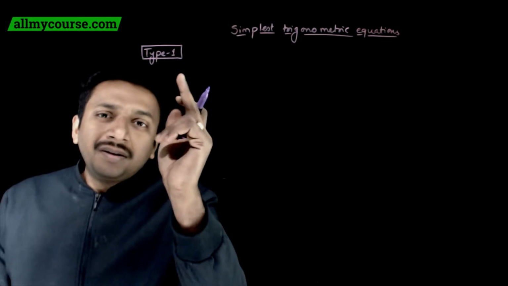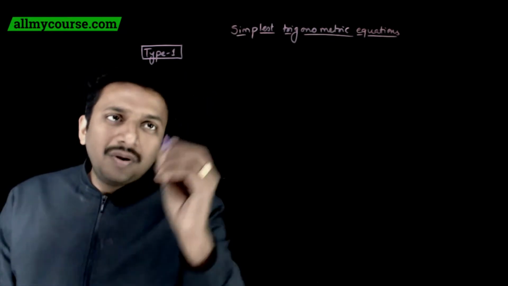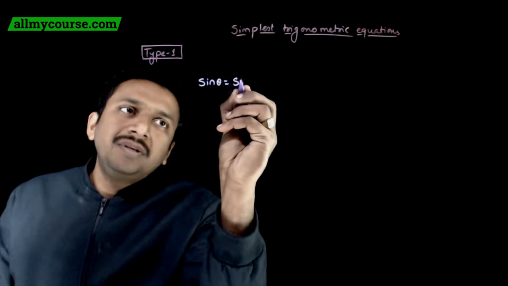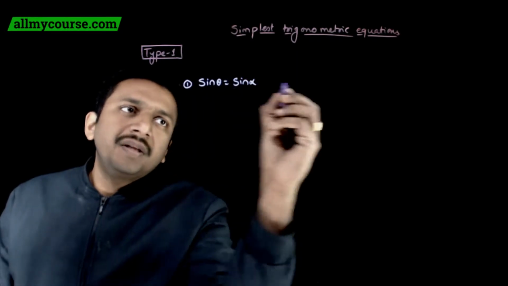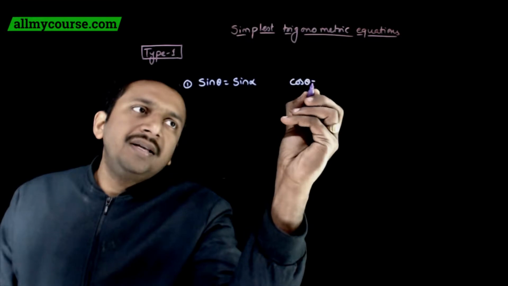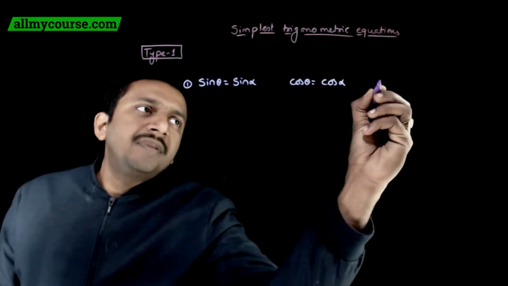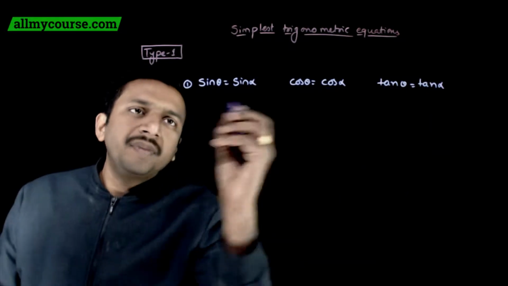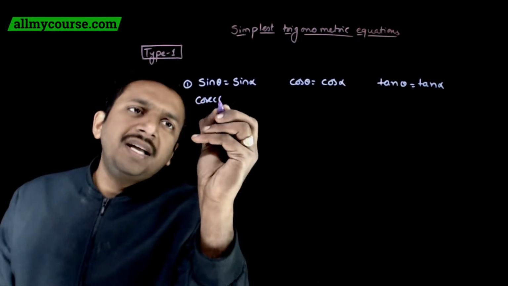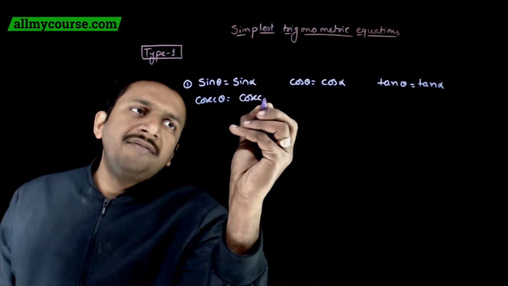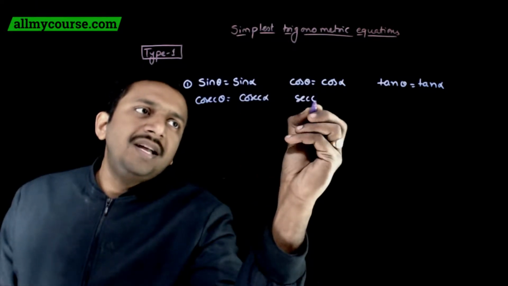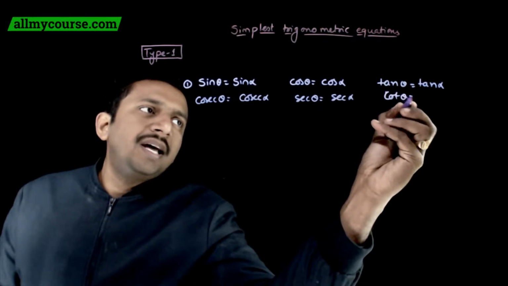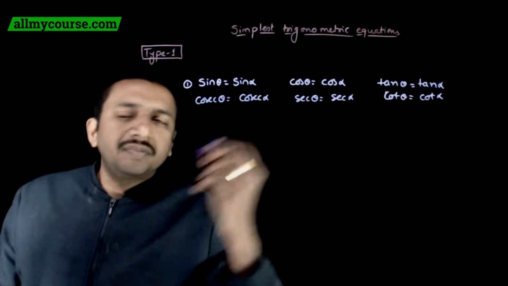Type 1 trigonometric equations look like sine theta is equal to sine alpha, cos theta is equal to cos alpha, tan theta is equal to tan alpha, cosecant theta is equal to cosecant alpha, secant theta is equal to secant alpha, cot theta is equal to cot alpha.